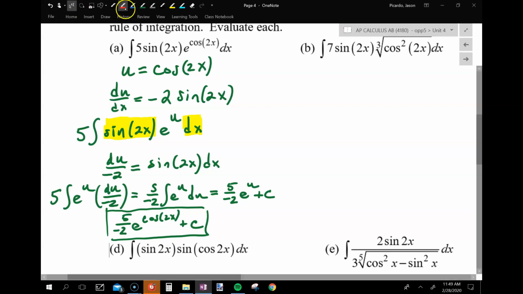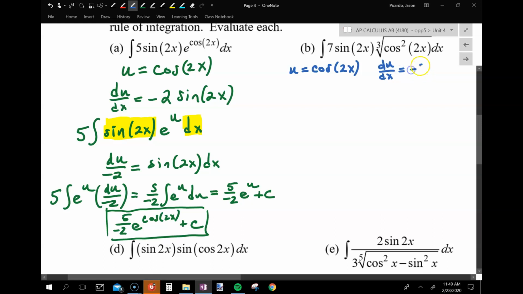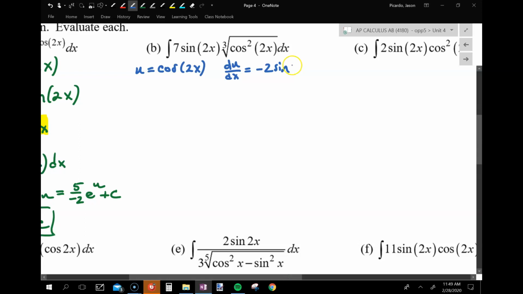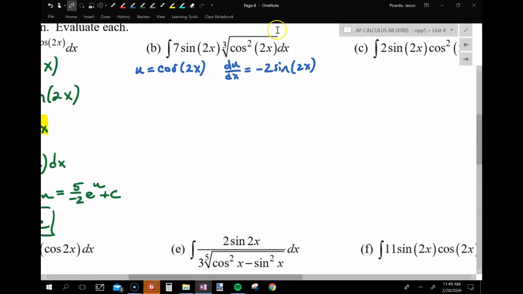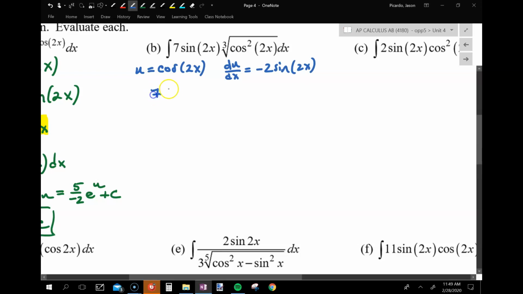All right. So again, we know that we're using this to do our problem. Let's just write this. I'm going to rewrite my integral. Bring the 7. Sine of 2x, can't do anything with that yet.